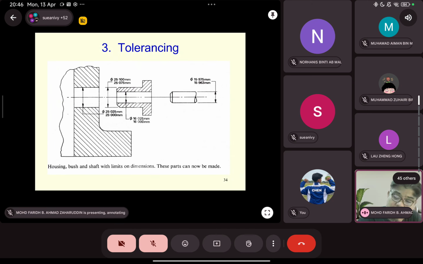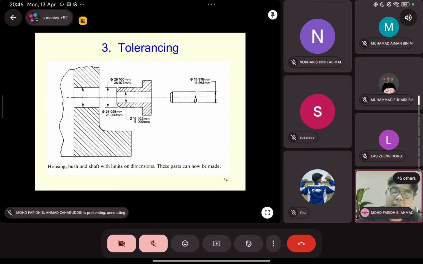In this figure, it shows very clearly where an upper limit and lower limit are applied at this housing, this bush, and this shaft.